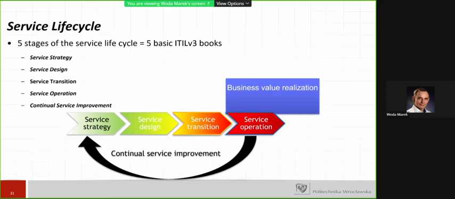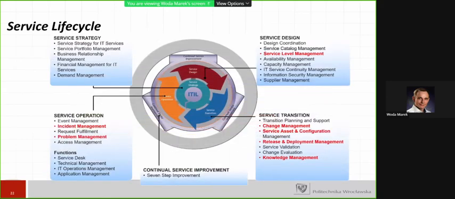All these elements are translated into the processes in the service life cycle that you can see here. There are lots of them, which we will not discuss, because this is not the main aim of this course, or at least not a big fraction of it. This is just to let you know that such a thing as ITIL exists, and how that makes sense for persons like me.